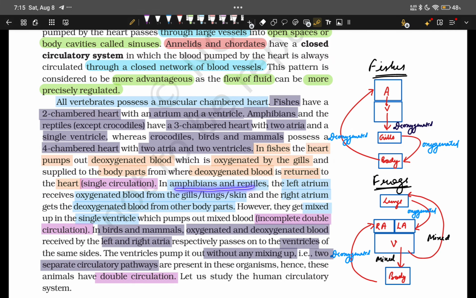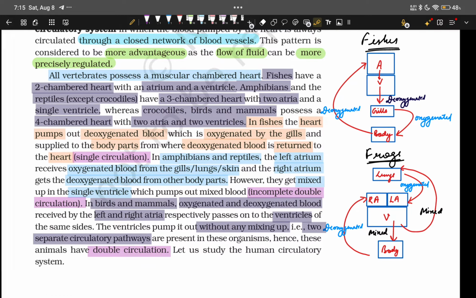Then in amphibians and reptiles, the left atrium receives oxygenated blood from lungs, skin and gills. The right atrium receives deoxygenated blood from other body parts, and they get mixed up in the single ventricle, and then the mixed blood is pumped. This is called incomplete double circulation.